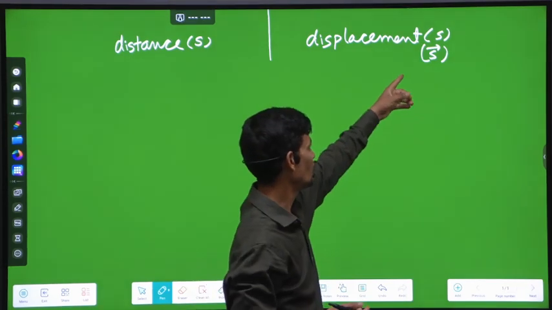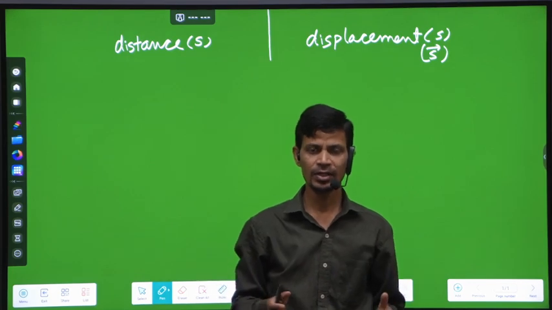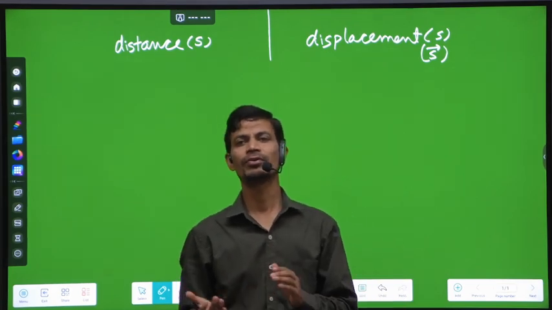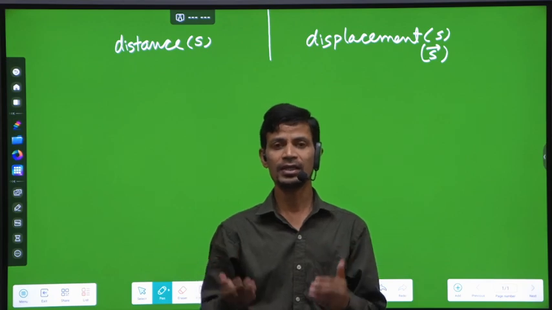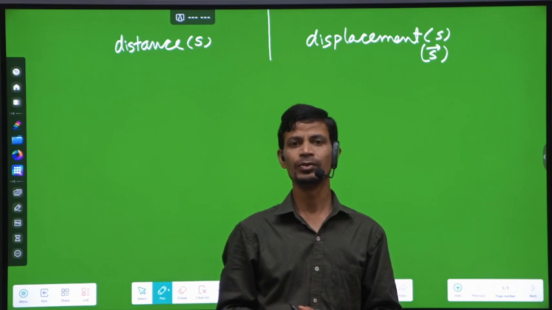This is their vector form. So we are going to use symbol S only. So what will happen if we have to find distance and displacement both in the same question? Then what will we do?